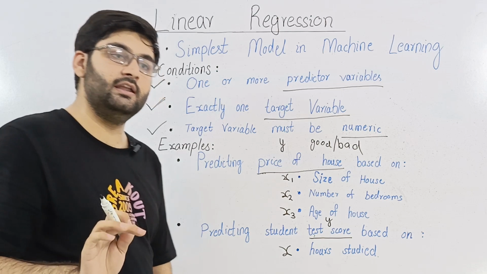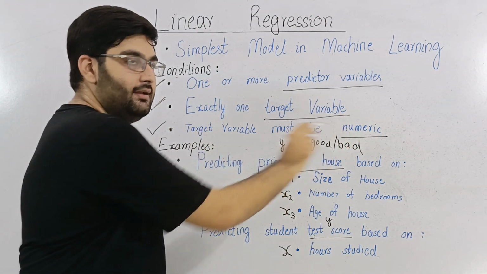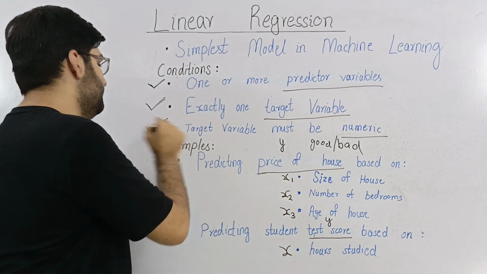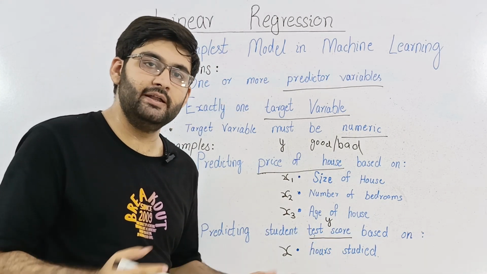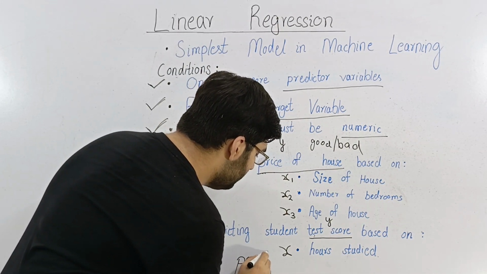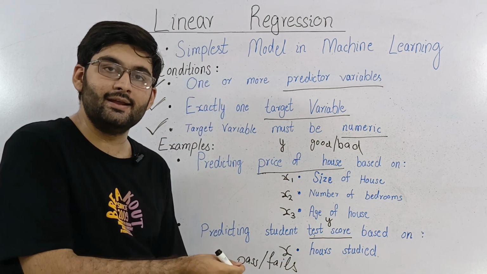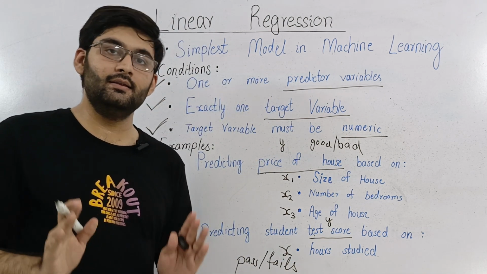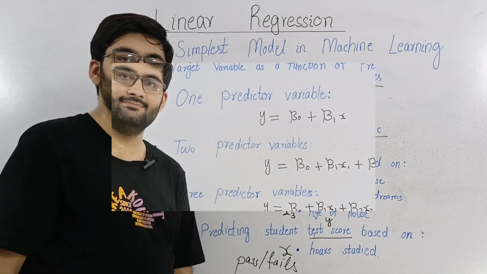So this condition that the target variable must be numeric is also satisfied. If instead of the test score we were predicting whether the student passes or fails, then we would be predicting a categorical variable and linear regression would not be applicable.